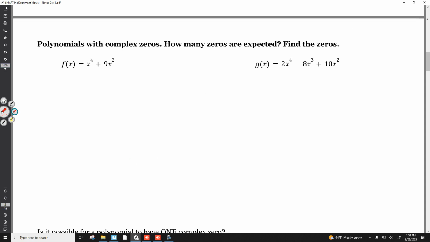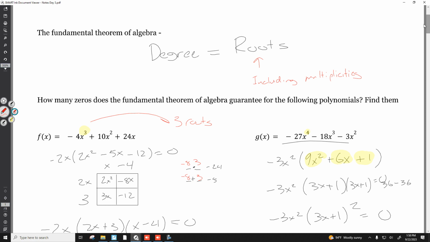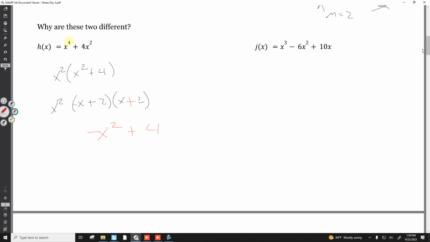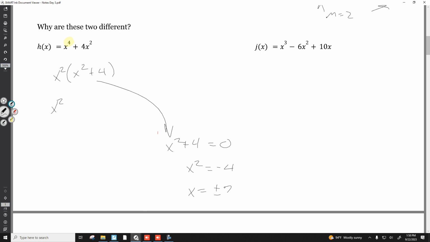So what you don't realize is not everything can factor into real solutions. We actually have solved this equation before, and when we've solved it, we've gotten an imaginary solution, which actually means this factors to x plus 2i, x minus 2i.